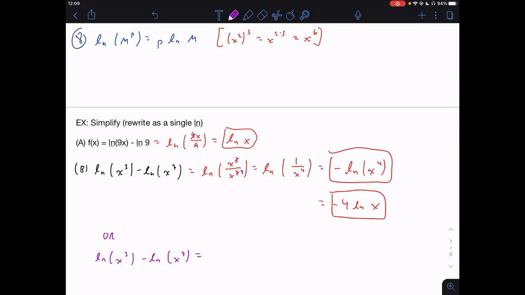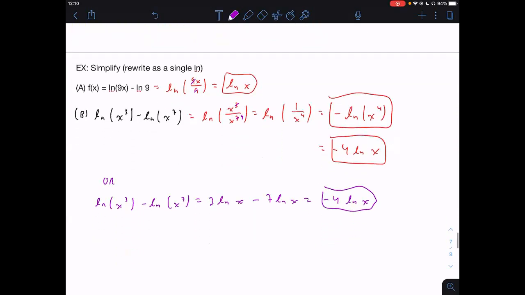So what do we do with those powers? Bring them down. So this would be 3 times the natural log of x minus 7 times the natural log of x. Then combining like terms by adding the coefficients, 3 minus 7 gives us negative 4 ln of x, the same exact thing.